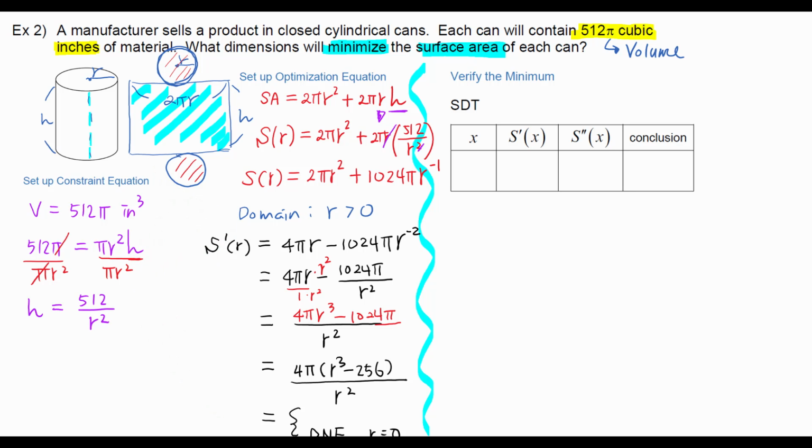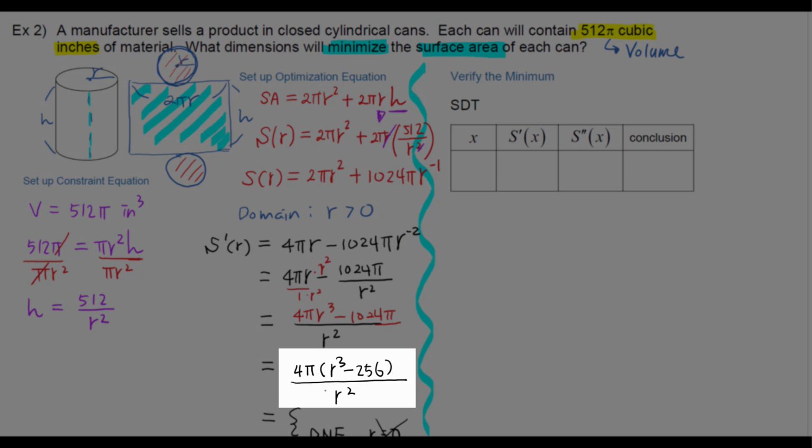So even though this is a critical number, it doesn't fit in this word problem. So we're going to disregard that. And this expression s prime of r would be equal to 0 if the numerator is 0. And numerator is 0 if r cubed minus 256 is 0.